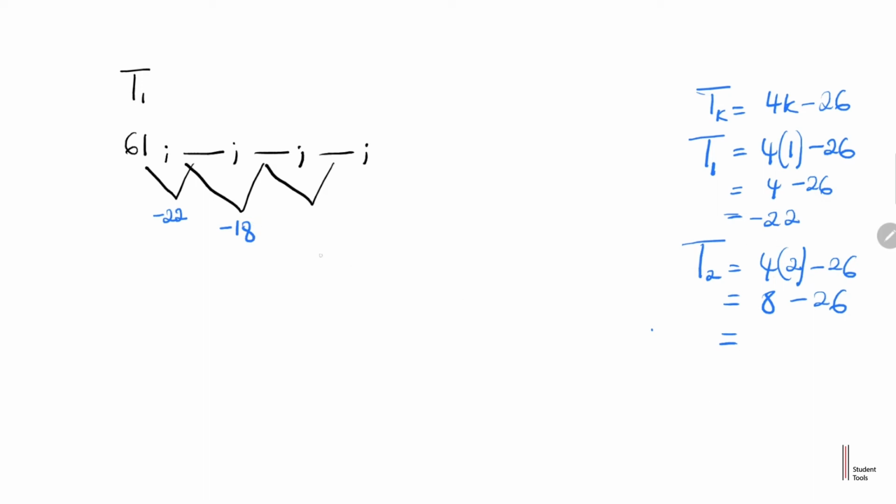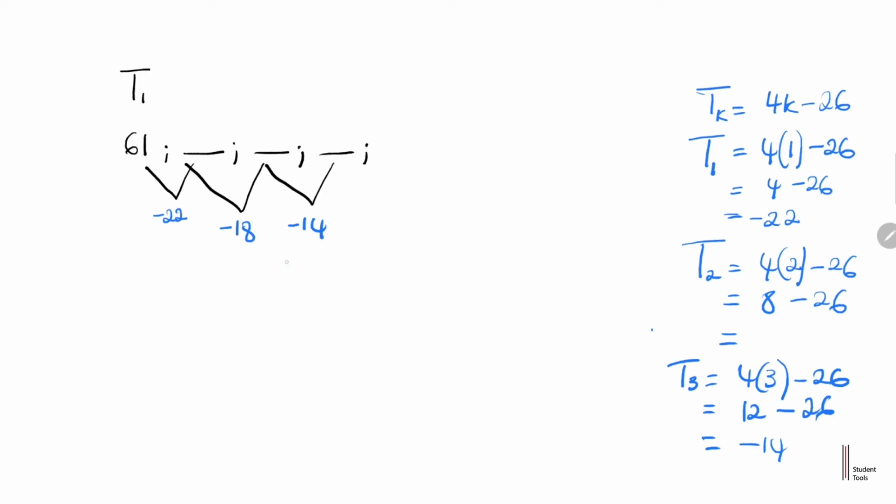And then for the third one, we have term number 3 equal to 4 multiplied by 3 minus 26. And 4 multiplied by 3, that is 12. 12 minus 26 is equal to minus 14. So here we will have a minus 14.